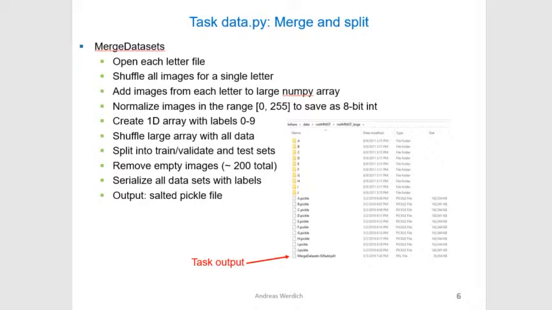And one-dimensional arrays with the labels 0 to 9 corresponding to the letters A to J are also generated. All of the data are then shuffled again to provide really good randomization, and then the data are split into a training, validation, and test set. The empty images, there are about 200 in this data set, are also removed, and all of the data are then serialized with the labels into a single salted pickle file.